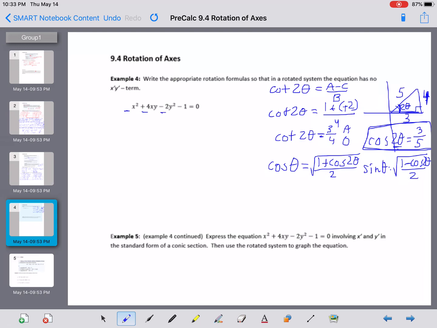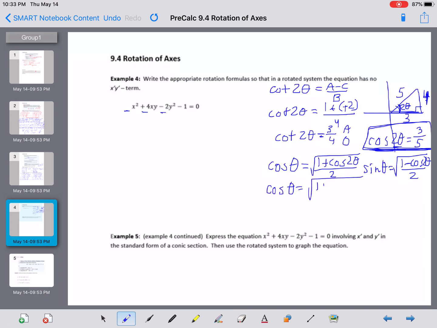That's where I'm getting these from. Notice the only value I need to know is the cosine of 2 theta. I have the cosine of 2 theta, so I can use these half angle formulas. So here we go. My cosine of theta is going to be 1 plus 3/5 all over 2.